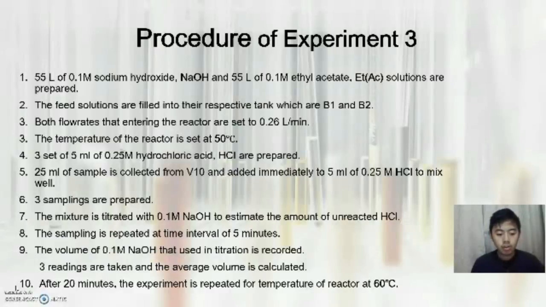Next, the volume of 0.1 molar sodium hydroxide used in titration is recorded, and 3 readings are taken. After 20 minutes, the experiment is repeated with the reactor temperature at 60 degrees Celsius.